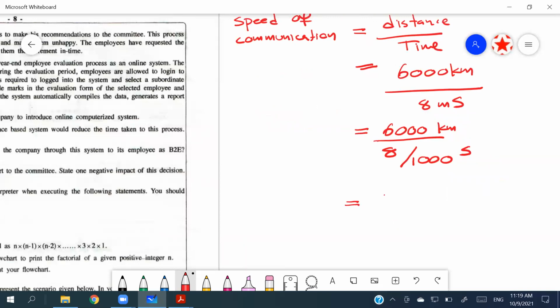So this is going to give you 6,000 into 1,000 divided by 8, so it's going to be in kilometers per second. Once you work this out, what is it going to give you?